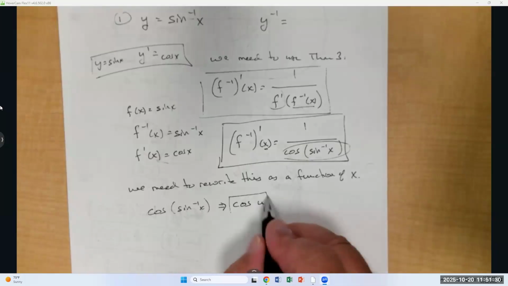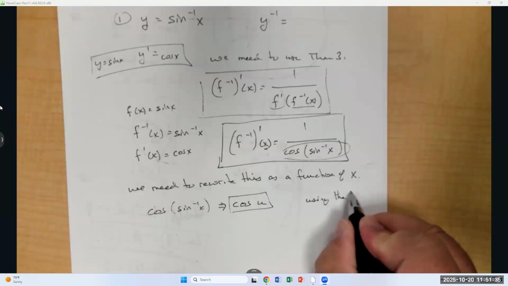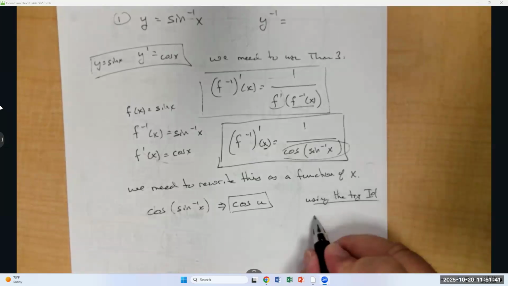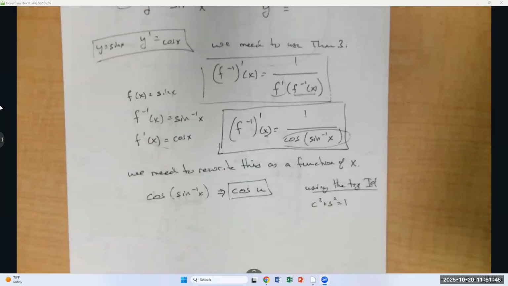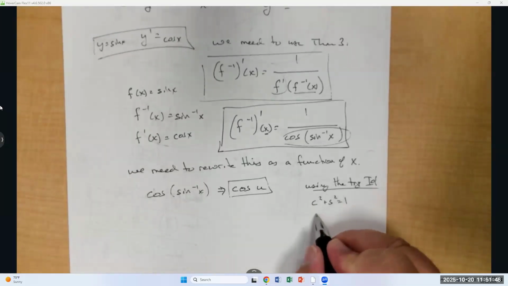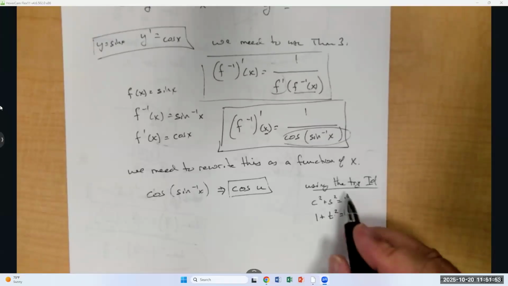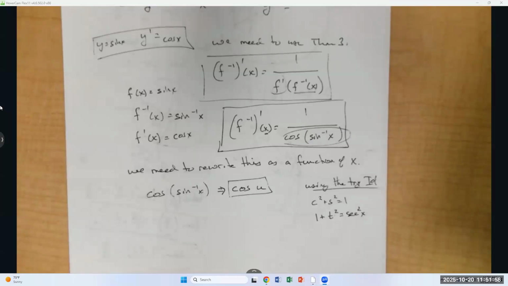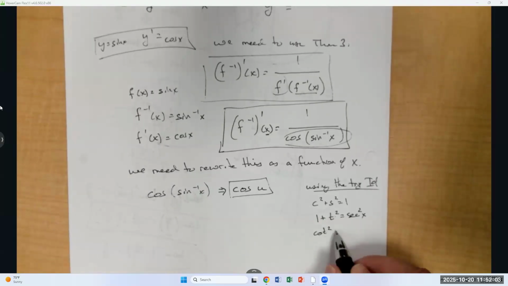Now, using the trig identities. Remember, the trig identities are cosine squared plus sine squared equals 1, 1 plus tangent squared equals secant squared, and cotangent squared plus 1 equals cosecant squared.